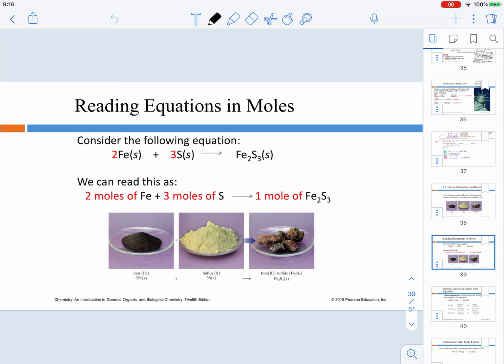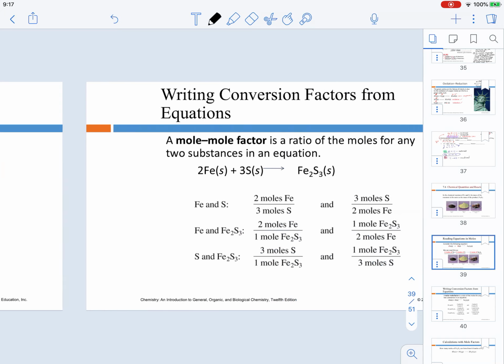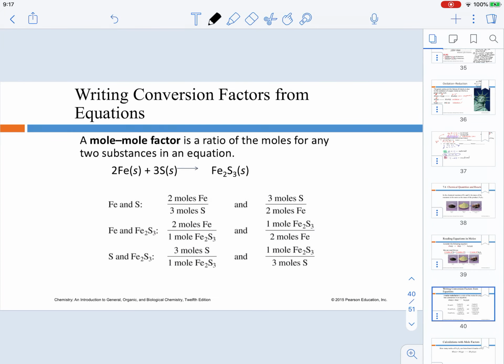So for example, if we have the following reaction, and now that it has balance and it has the proper coefficients in it, we can read it as 2 moles of iron react with 3 moles of sulfur to produce 1 mole of iron 3 sulfide. What does that mean? That if we want, we can make mole to mole relationships between any components of the reaction.